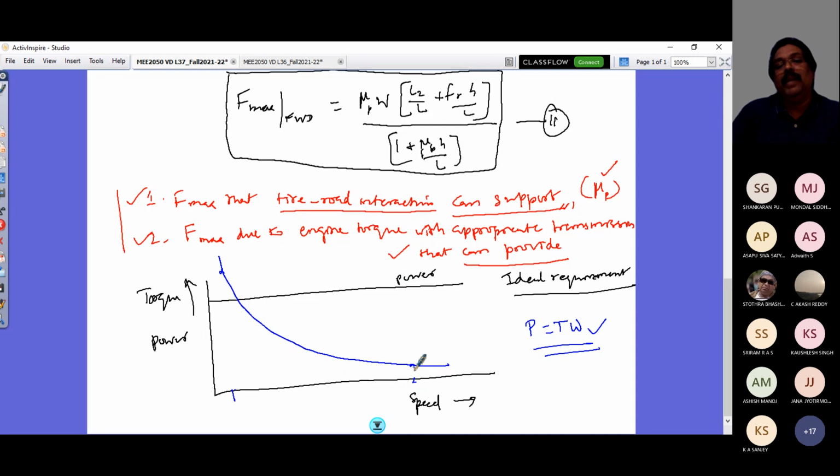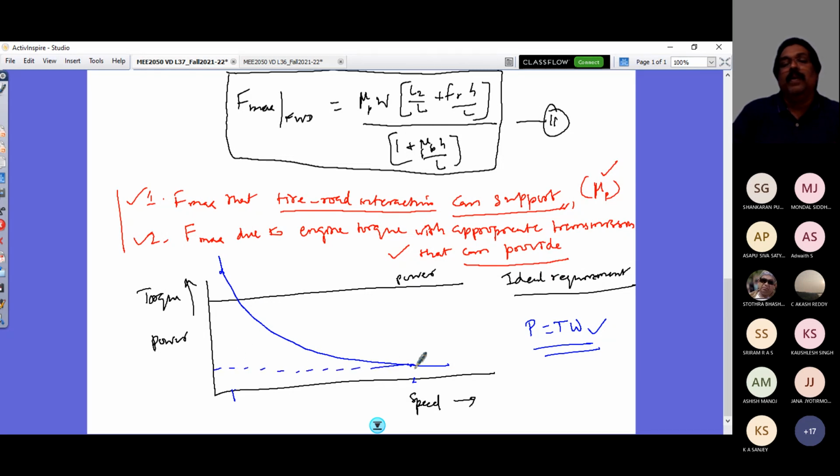At a higher speed, the engine would provide lower torque, but the maximum traction that comes from the tire road interaction may be more than that of the engine at that time.